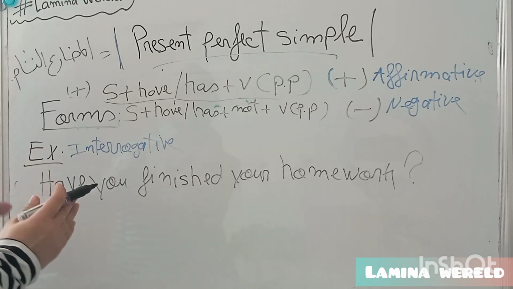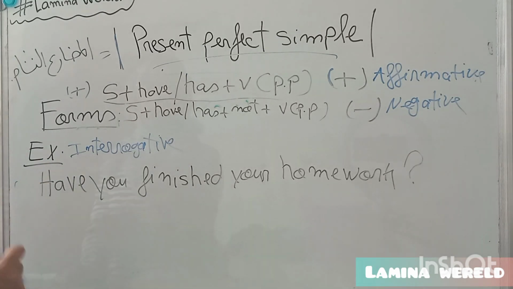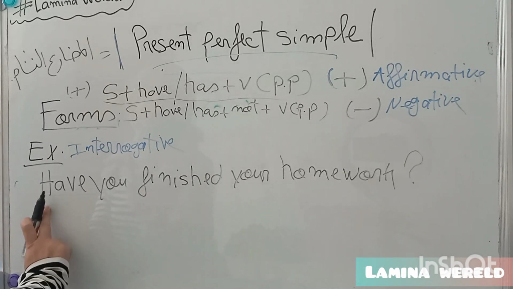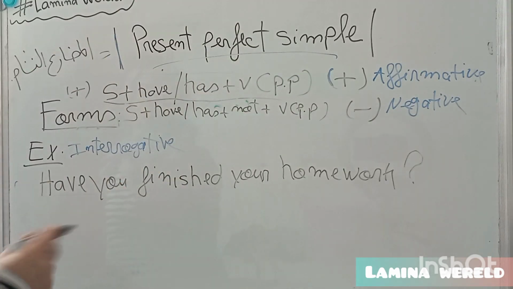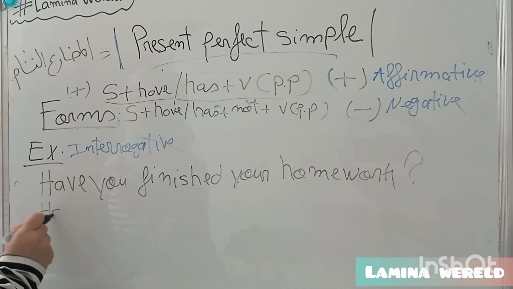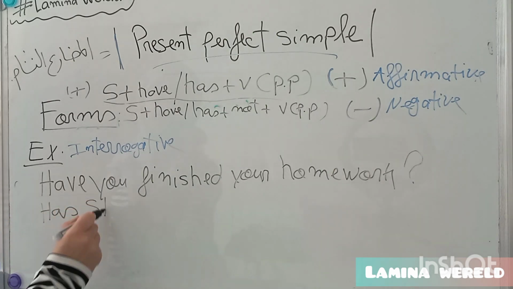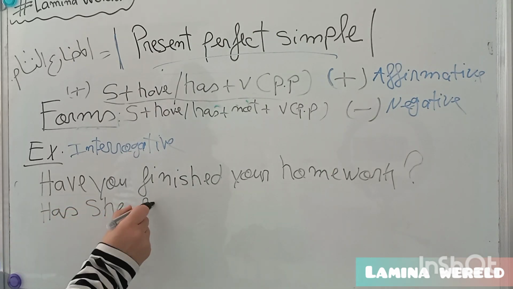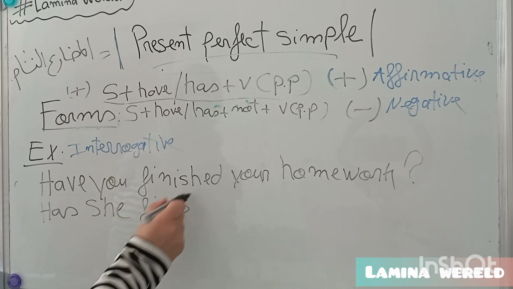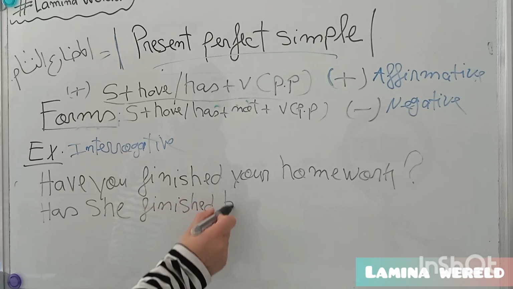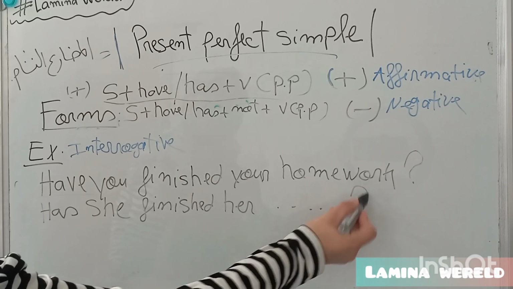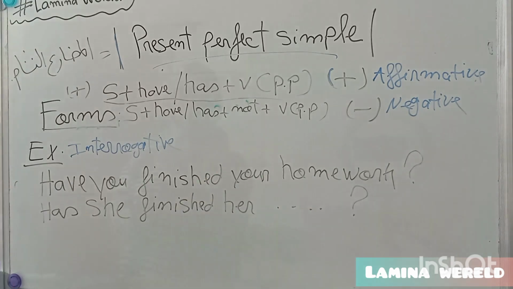Now, let's identify the structure together. So, it starts with what? I will give you another example with she. Has she finished her homework? Now, let's identify the rule, or the structure of the sentence.